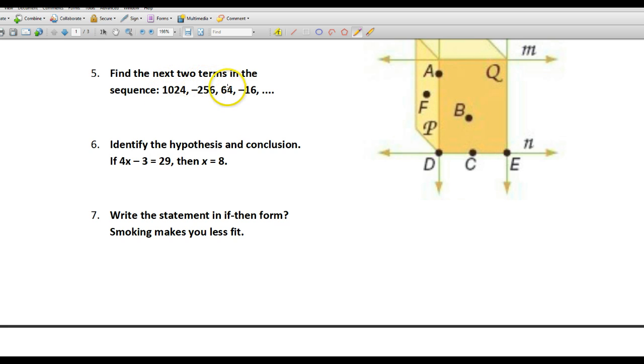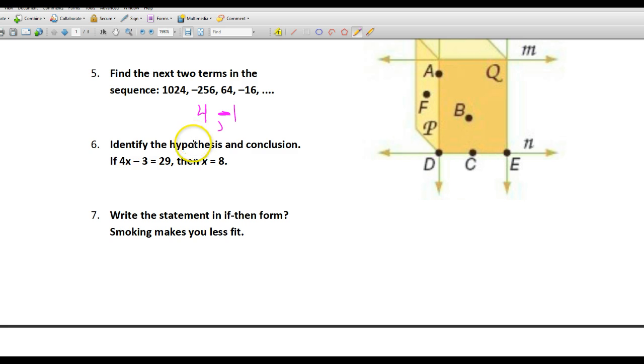Divide by 4, the next, divide by 4, and so on. So we're dividing the previous term by 4. So if we take 16 divided by 4, that would be 4, and 4 divided by 4 would be 1. And once again, the signs are alternating, so this item would be positive, and this item would be negative. So 4 and negative 1 are the next two terms.